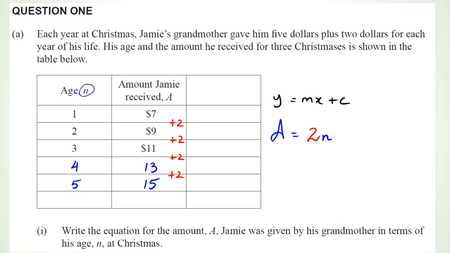So see how it goes: 3, 2, 1, and then if I just put a little 0 here, what would this number be? It'll be 9, 7, 5. So then my c value is going to be 5. So the equation is A equals 2n plus 5. Now you could do this in the graphics calculator if you want. You should end up with the same answer. Okay, moving on to the next question.